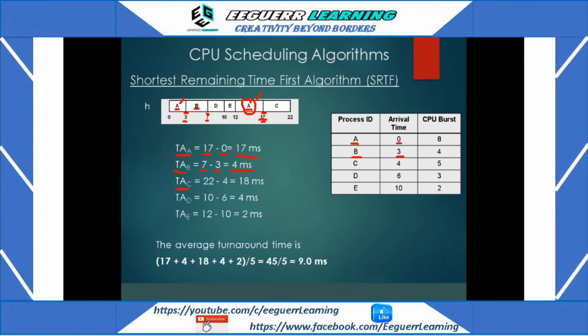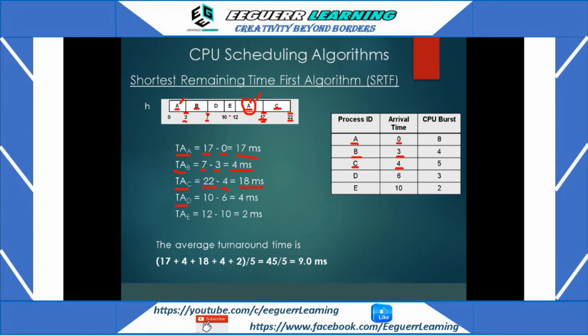Then for process C, look at the Gantt chart, get the head part of letter C with the value of 22, and get the arrival time of 4 from the table. Subtract, and that will give us 18 ms.